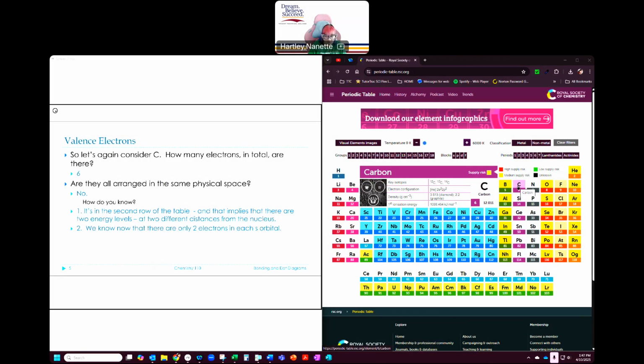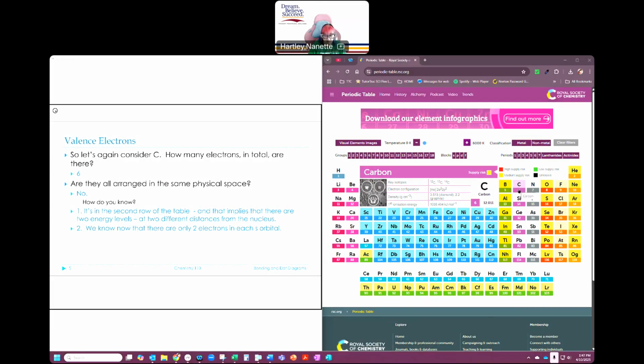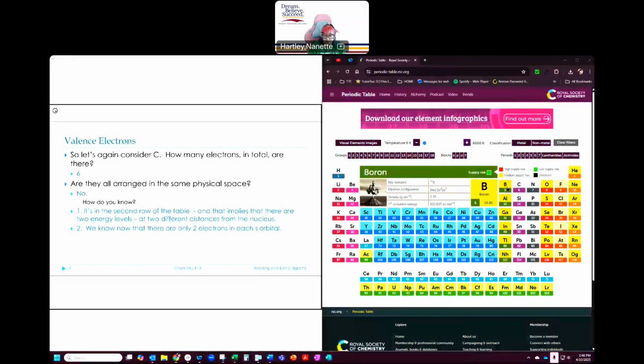Now, are they all arranged in the same physical space? Well, no. We know that his electron configuration, based on what we see here, is helium core and then 2s2, 2p2. So he's got that helium core, and that's his 1s2, and then he's got 2s2, and then 2p2.